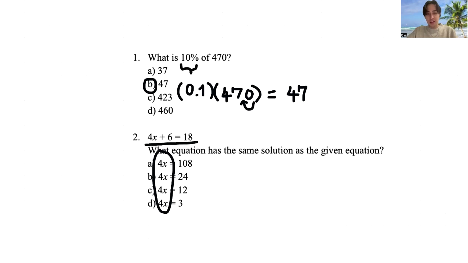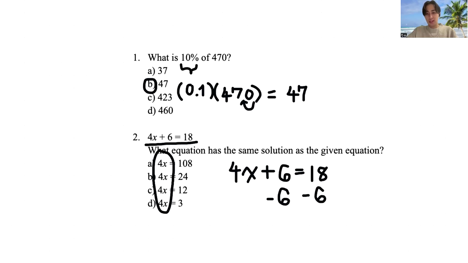You have 4x plus 6 equals 18. So in order to isolate this 4x, we want to get rid of this plus 6. And we can do that by subtracting 6 on both sides.